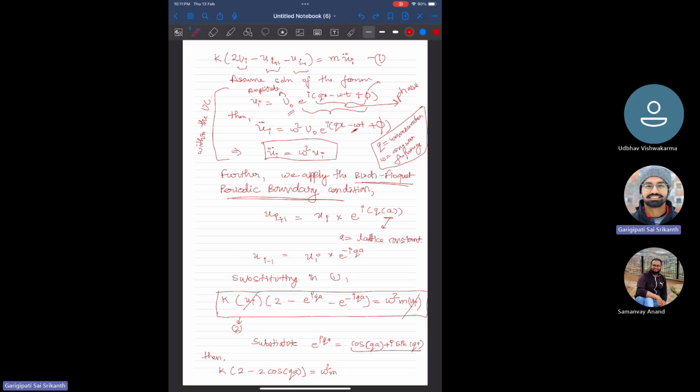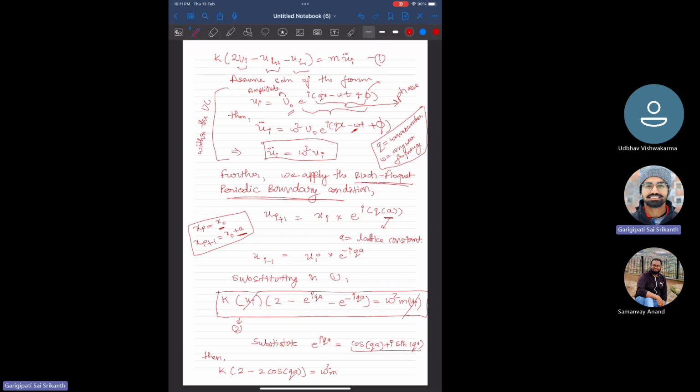But the value of x that we have written here will be different. So x of i is, let's say, x naught, then x of i plus 1 will be x naught plus a. x naught is the initial position of the 0th unit cell, plus a, where a is the lattice constant, that's the distance between adjacent unit cells.